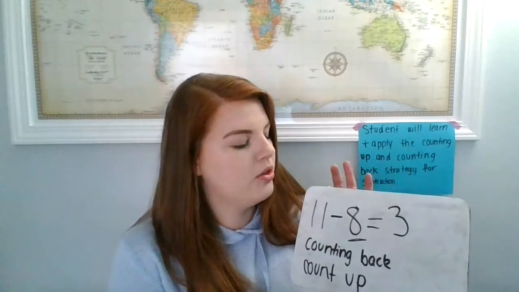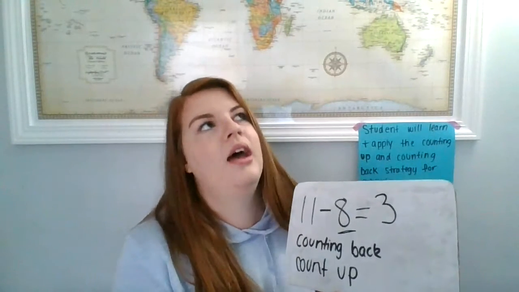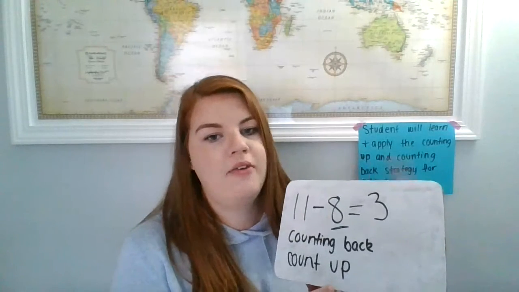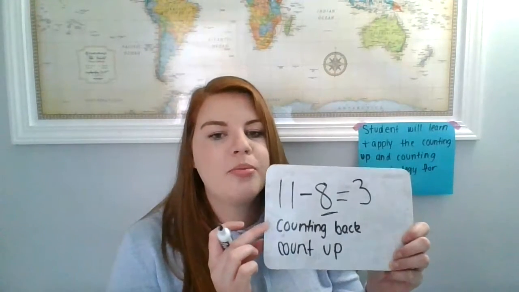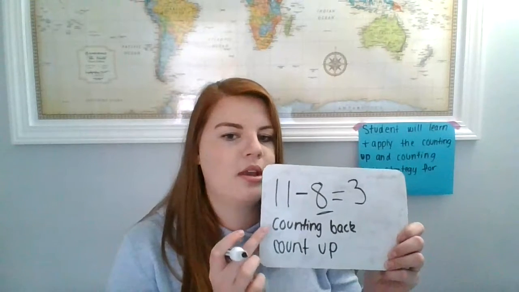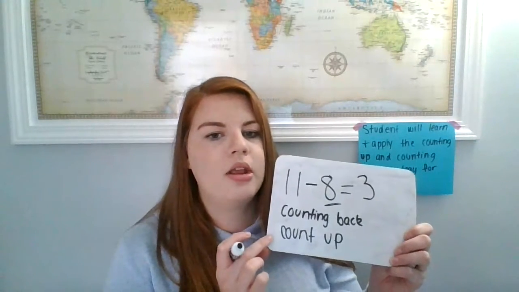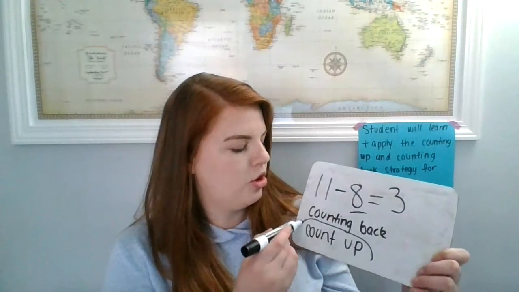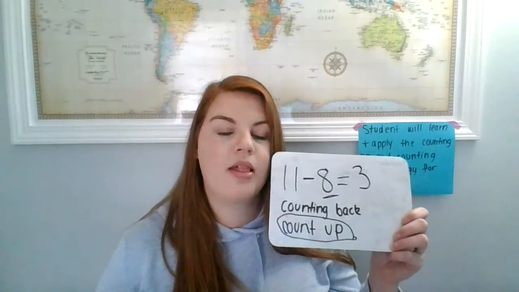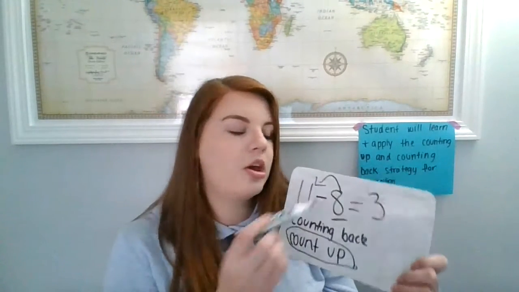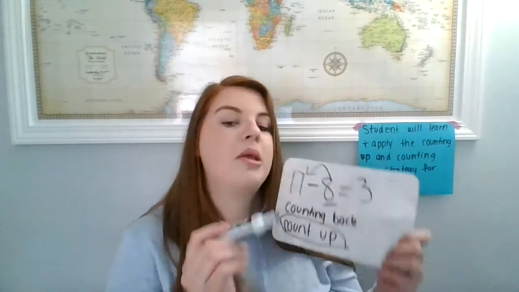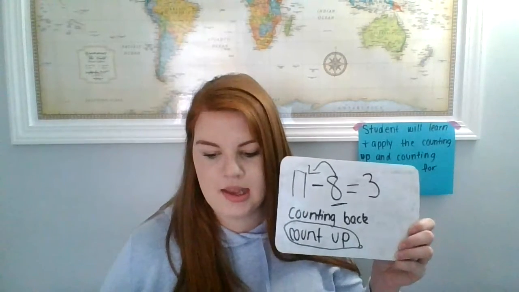I didn't have to do it the first time when we went 10, 9, 8, 7, 6, 5, 4, 3. So now I want you to think, for this problem, was it better to use the counting back or counting up? And in this situation, we just learned counting up was a lot faster because going from 8 to 11 was a lot quicker than starting at 11 and counting backwards 8.